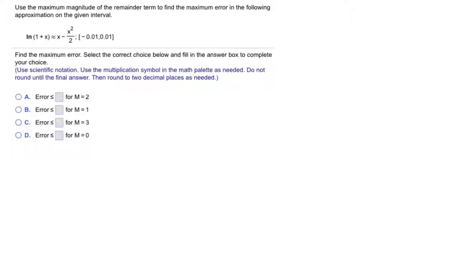And so that means that the remainder, according to our theory, is no more than, and of course that's just absolute value, M times, the center of this is 0, so I'm not going to put x minus 0 in here.